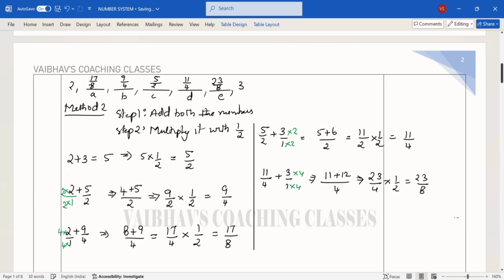So would you think that this one is wrong and the other one was correct, or whether the other one was wrong and this one is correct? No. I explained that earlier, that between two rational numbers there are infinite rational numbers. Between any two numbers there are infinite rational numbers. So we just chose any 5 terms which lie between these two numbers. So getting this answer by method 2 or by method 1, both are correct.